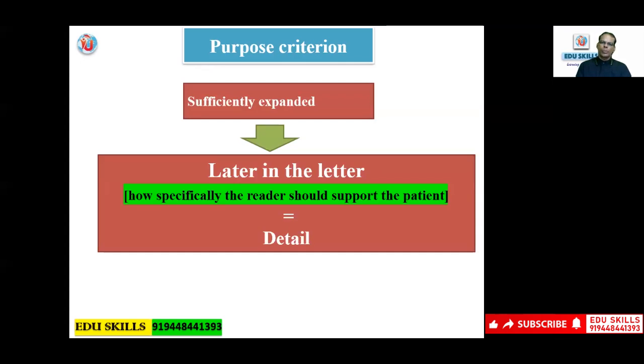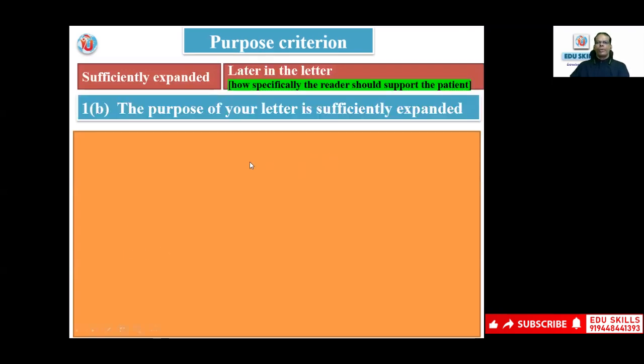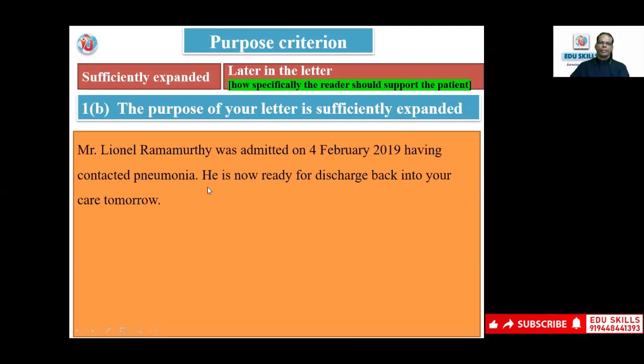So the second criterion says it should be sufficiently expanded later in the letter. How specifically the reader should support the patient. You have to explain in detail in the later paragraphs how specifically the reader should support the patient, how he has to report, what he has to do, all those details. So the purpose of your letter is sufficiently expanded.